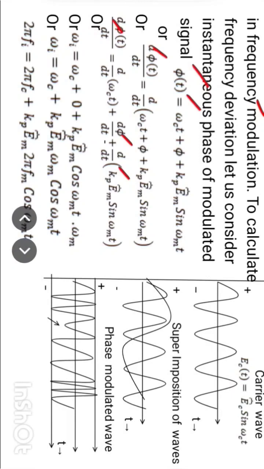Or we can write omega i is equal to omega c plus 0 plus Kp Em max cos omega m t into omega m. Or we can write omega i is equal to omega c plus Kp Em max omega m cos omega m t. Now since omega is equal to 2 pi f, replacing omega by 2 pi f, we have 2 pi fi is equal to 2 pi fc plus Kp Em max 2 pi fm cos omega m t.